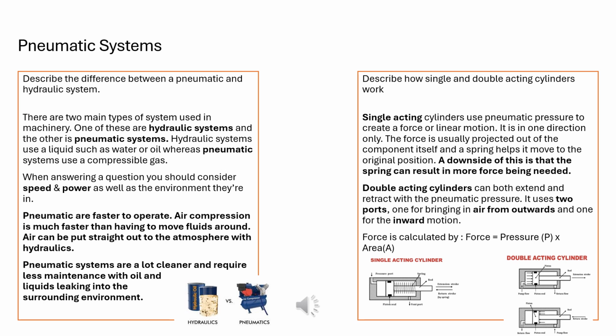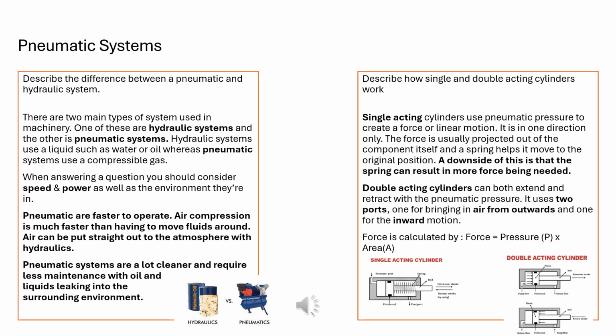Now, the great thing about pneumatic systems is they are much faster to operate. Air compression is much faster and it applies the force in one area. Air can be put straight into the atmosphere, unlike with hydraulics. Pneumatic systems, however, are a lot cleaner and require less maintenance because they don't use oil or liquids in the surrounding environment.